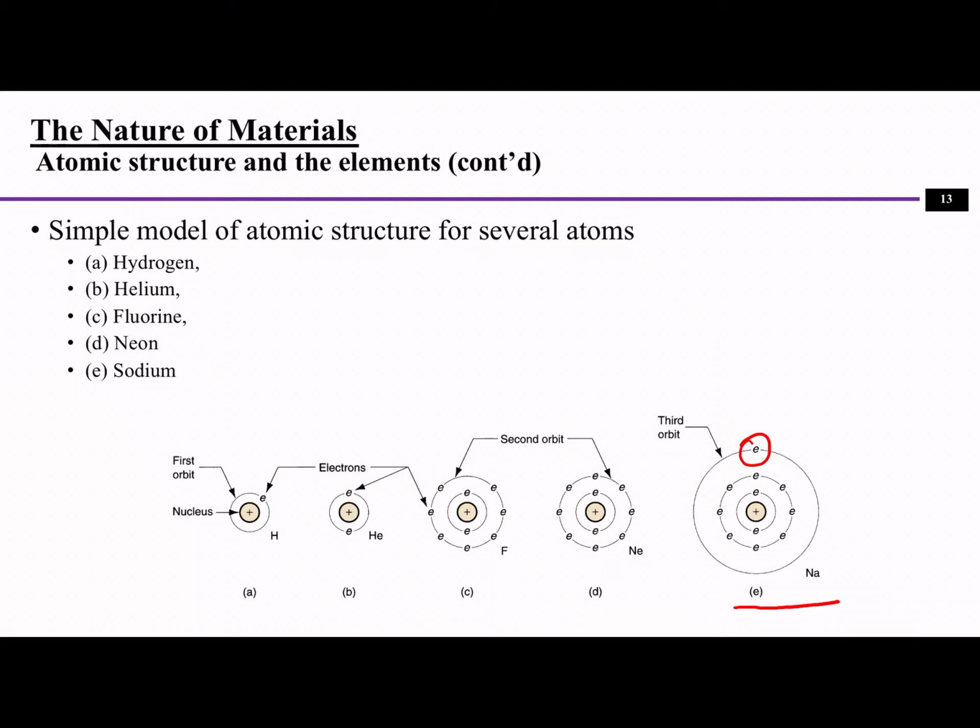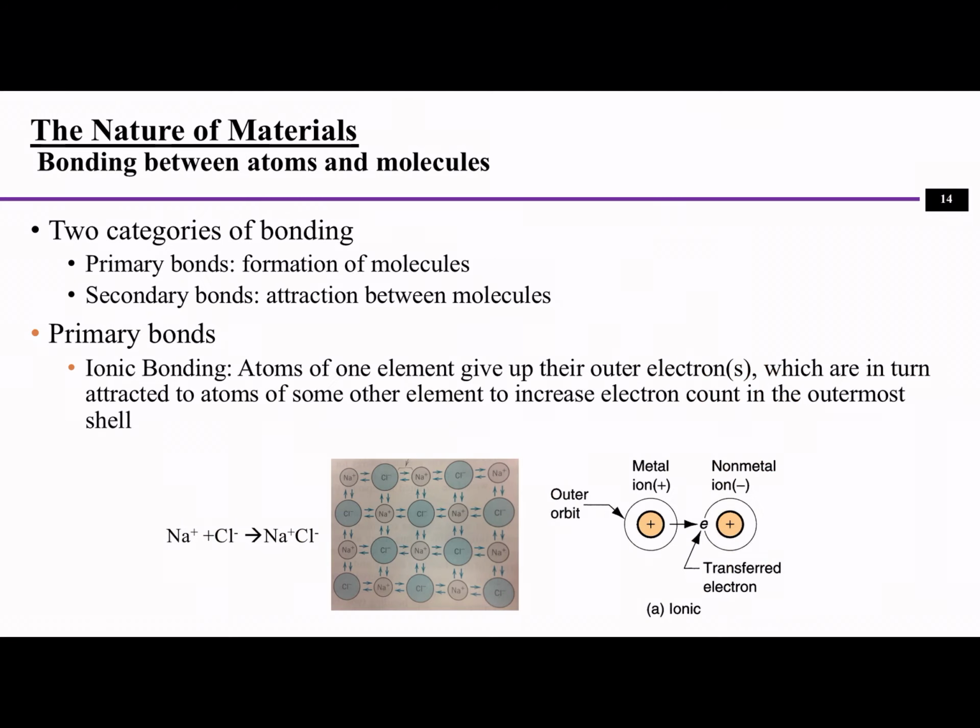For sodium, you can see there's only one electron at the outside orbit, which means it can easily lose its electron. And this is how the materials form different bondings, by losing and attracting or accepting electrons from another atom.